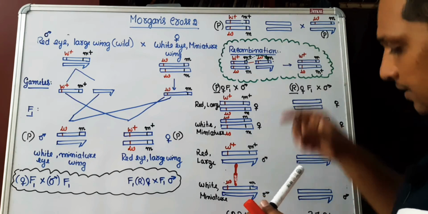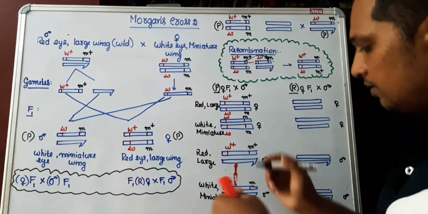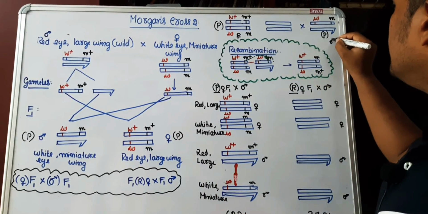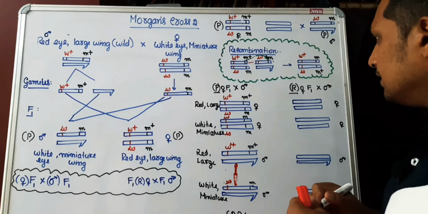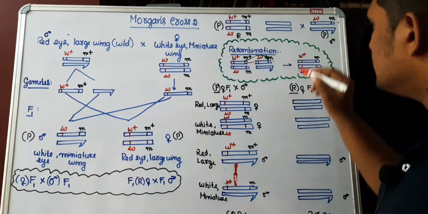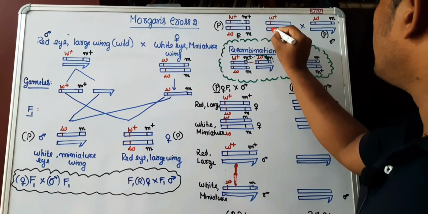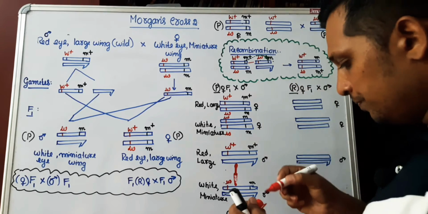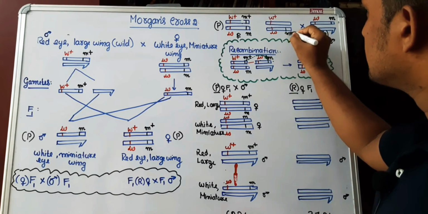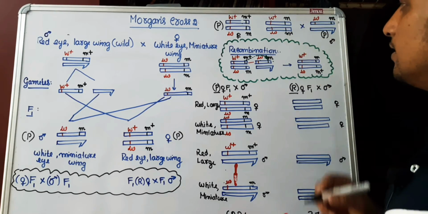So I'll write F1 female parent. This is a female. F1 male parent. Along with that, there is recombination, because of which now a recombinant female is formed with W plus, w and M plus, m. The same thing has been written there.